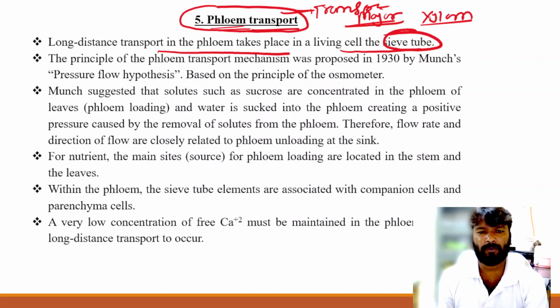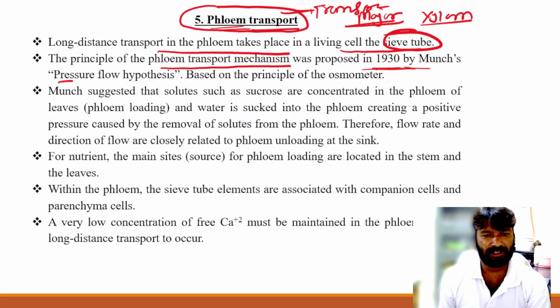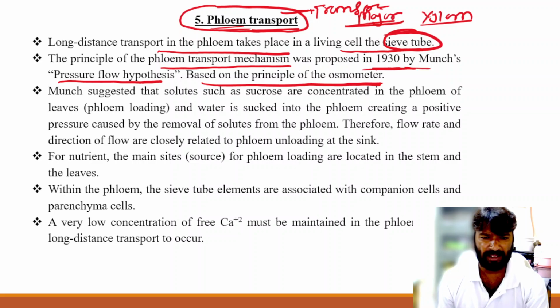The principle of the phloem transport mechanism was proposed in 1930 by Munch, which is known as the pressure flow hypothesis, based on the principle of the osmometer, means high pressure to low pressure.